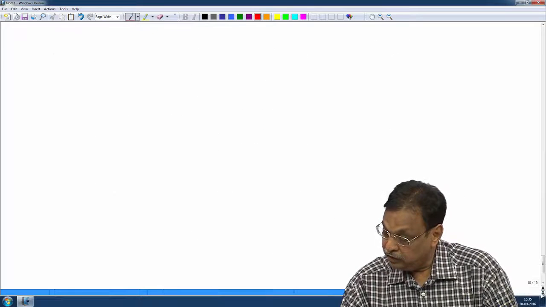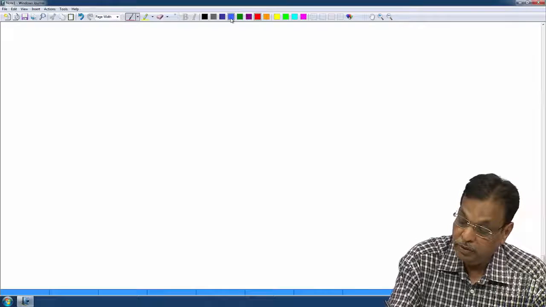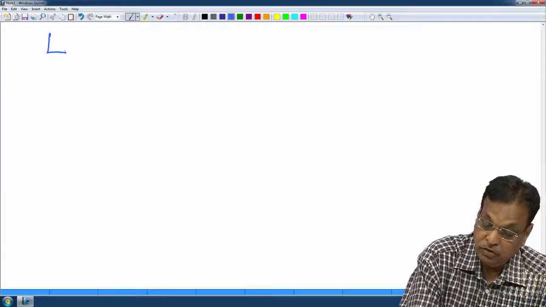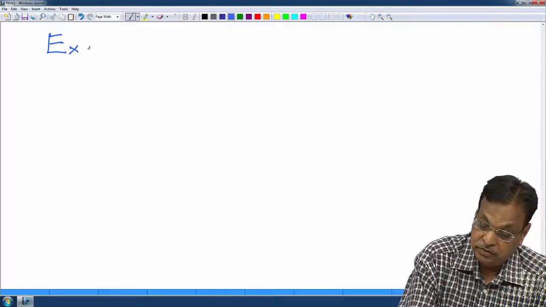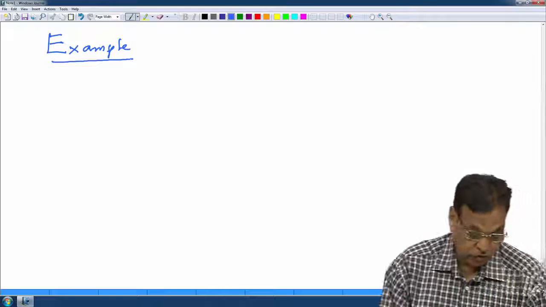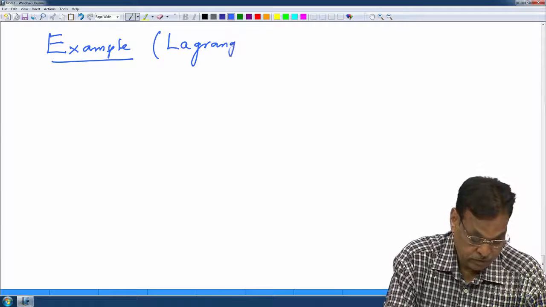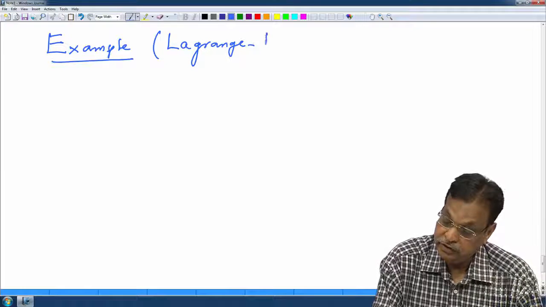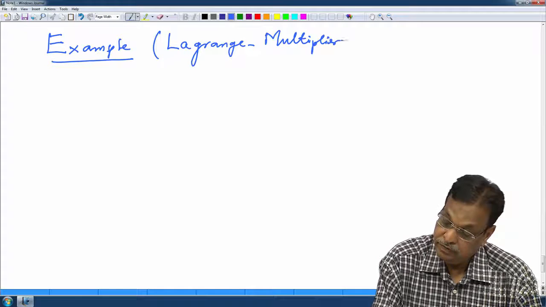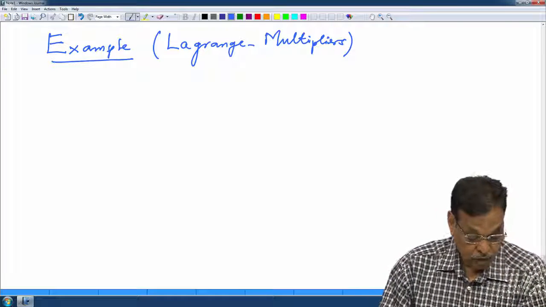Okay, so I want to note one very important example which is used by physicists. This is also called Lagrange multipliers. What is it?